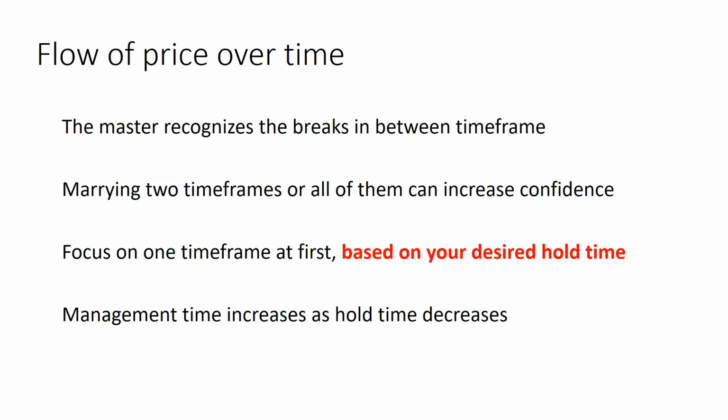Now, companies that aren't really actively traded all that much and have smaller trading volumes, when you zoom into a 5-minute chart, you may not see a lot of activity. You may not see a lot of movement. It may not look like it's flowing.